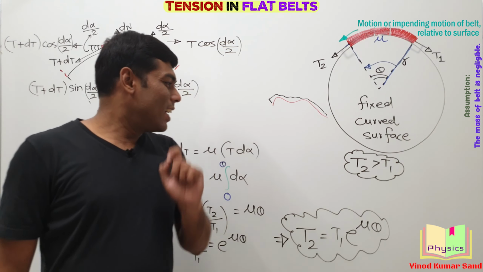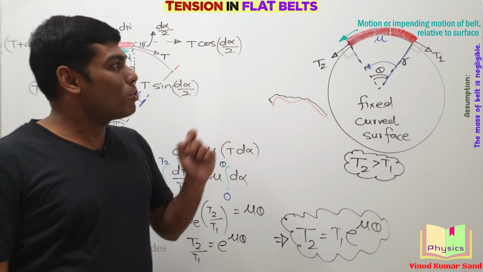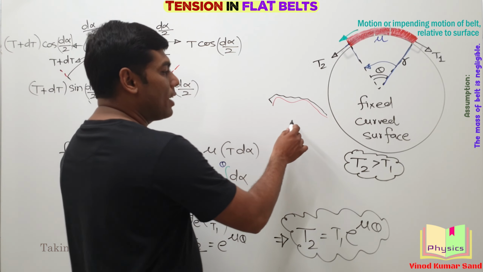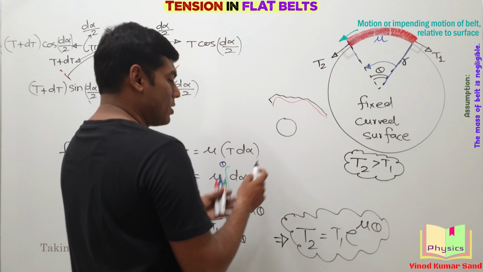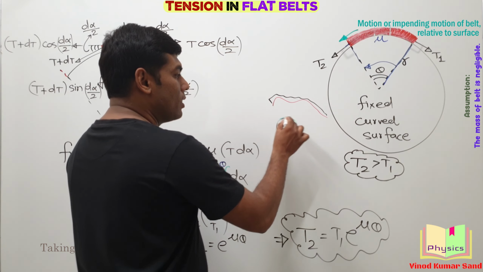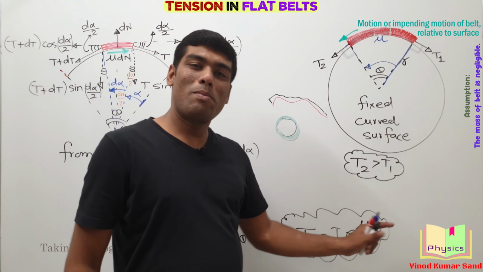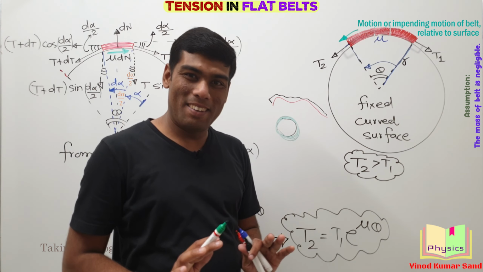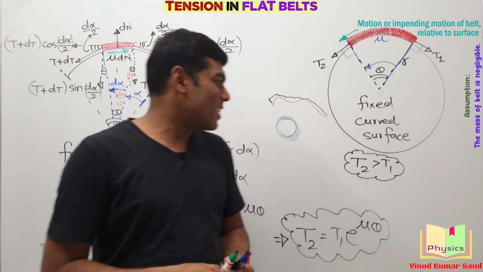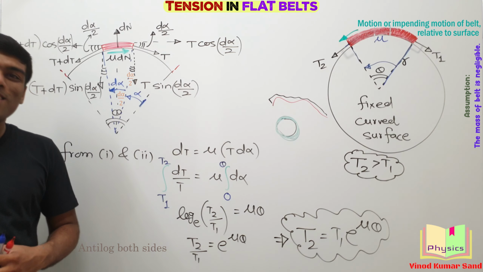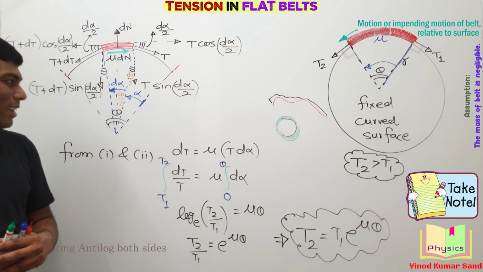Got it? Another important thing, suppose the rope is making n turns over a cylinder, over a drum, then theta will be equal to what? 2 pi multiplied with n. Got it? Let us write all these important results on the next screen for better understanding.